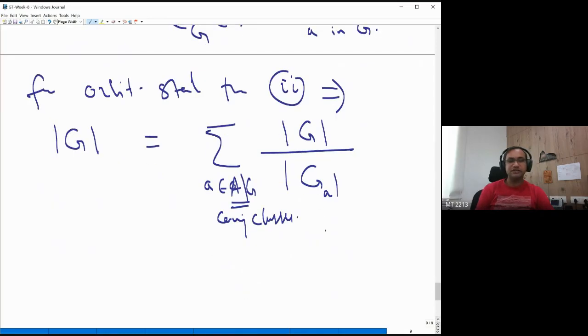Now what we do here is, what happens if A is in the center?